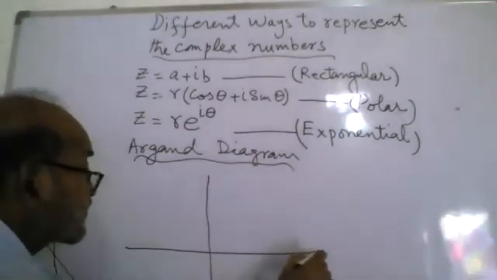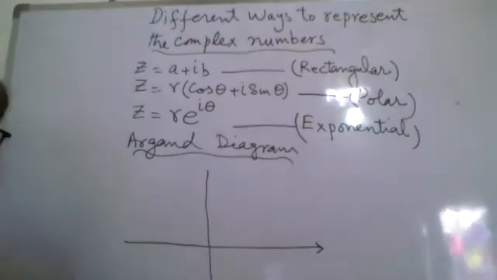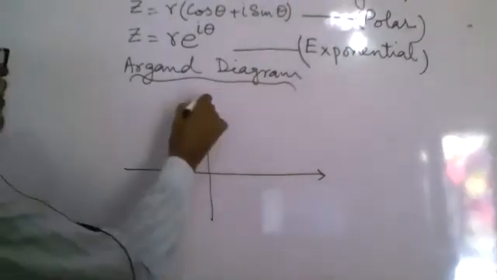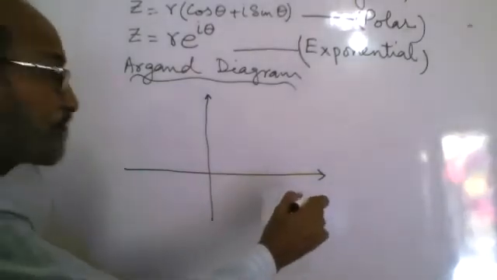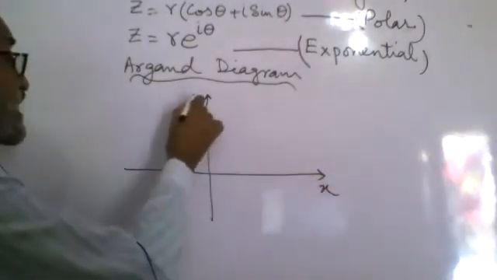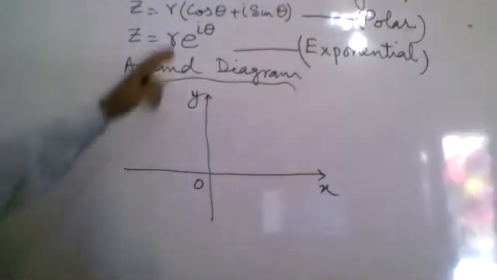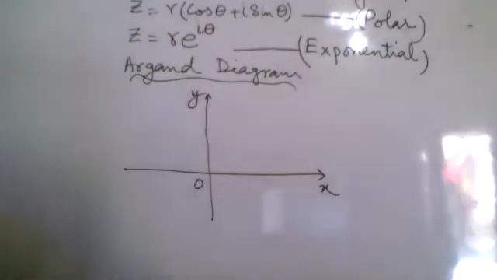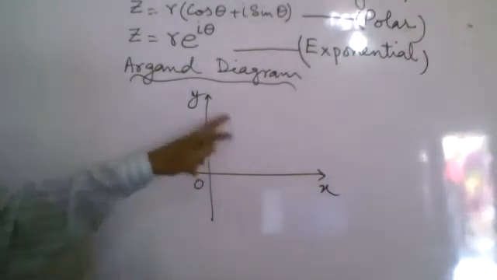Draw the axis. This is the x-axis. This is the y-axis. This is the origin. First of all, we will draw the angle. Put the D over there. Mark the angle.